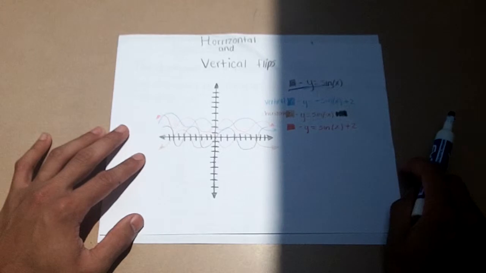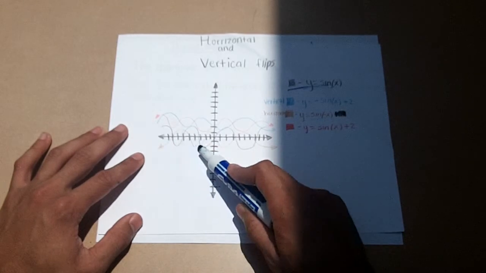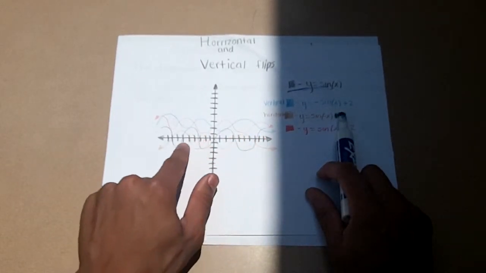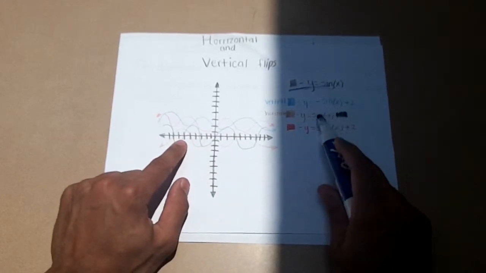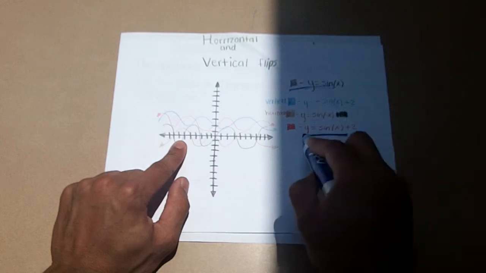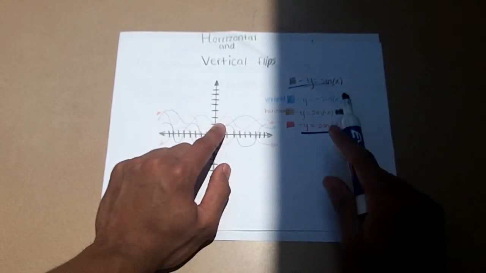For the horizontal flip, you put a negative in front of the x, only the x. As you can see right there, it flipped it horizontally. It's kind of the opposite of the regular one. Now the red one, we just moved it up 2 places.